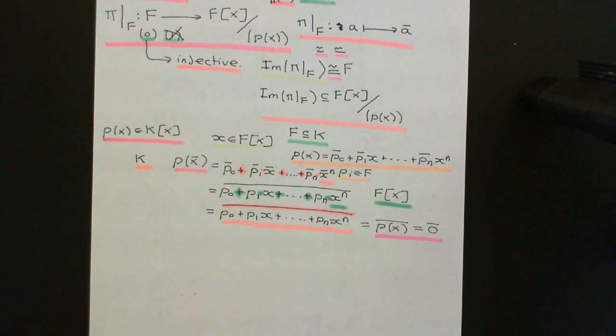What we can now do is create this larger field, which is a field extension of our original field capital F, and which will have a root to the polynomial p of x. The way that you do it is simply by taking the ring of polynomials over the field and quotienting it out, in the way that we learned in ring theory, by the principal ideal generated by the polynomial p of x.